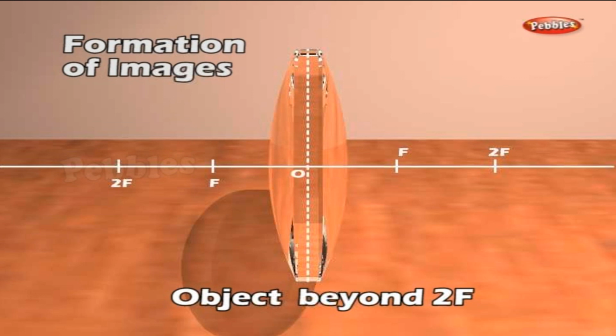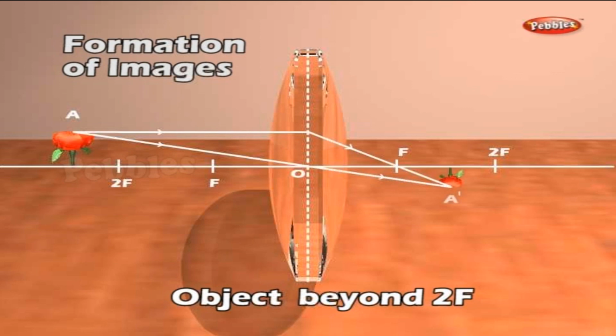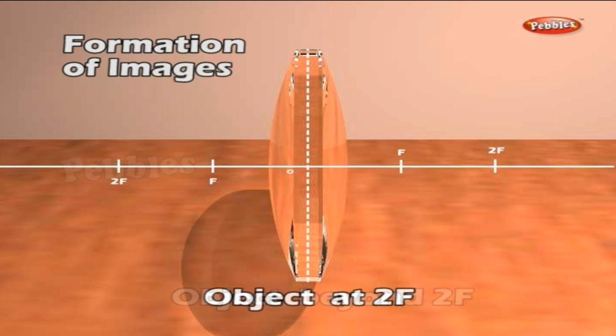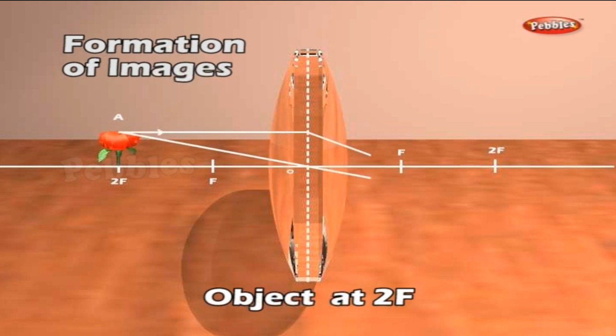Object beyond 2f: the image is between f and 2f, real, diminished, inverted. Object at 2f: the image is at 2f, real, same size as the object, inverted.